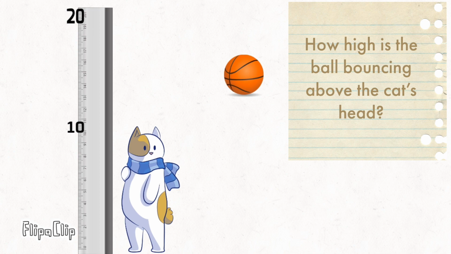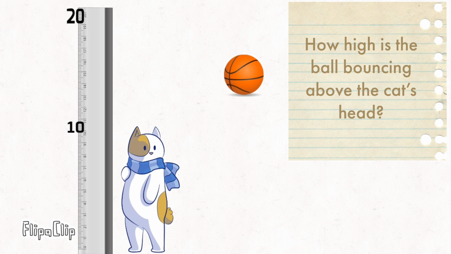So we know that we need only the distance from the top of the cat's head to the height the ball is bouncing. Since we know the ball is bouncing 20 feet high and the cat is 10 feet high, what math skill do we need to utilize here to get the distance the ball is bouncing minus the height of the cat? Subtraction, that's right.